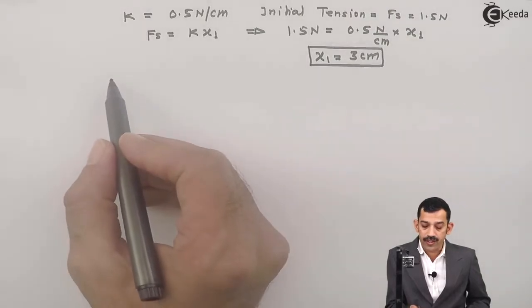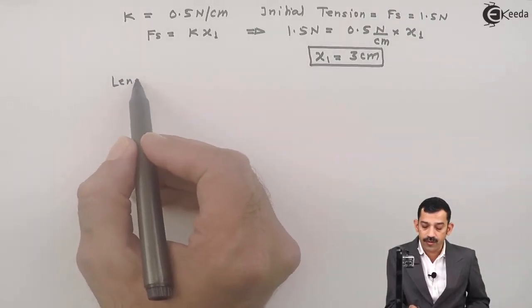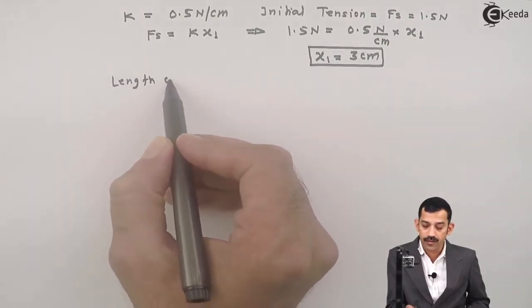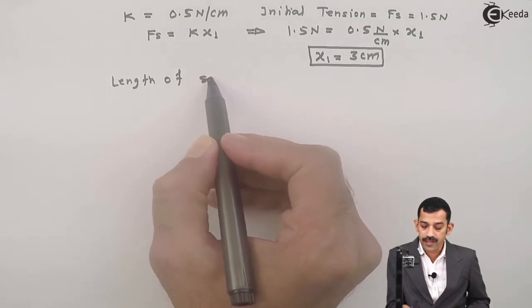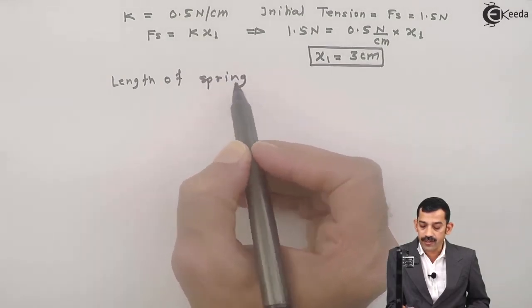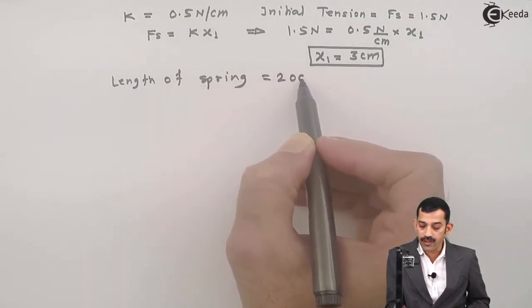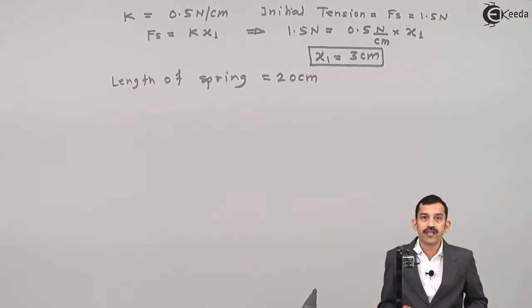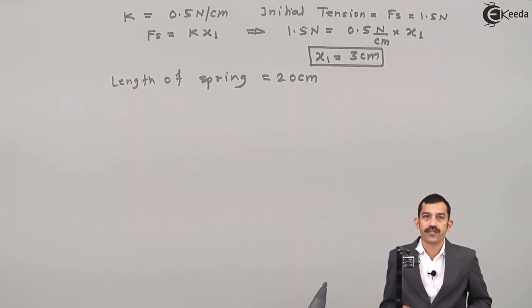Now what is known? At the initial position, the length of each spring given is 20 centimeter. As the length of spring is 20 centimeter and initially the spring is in an elongated state, where the elongation of spring is 3 centimeter, that means the free length of spring is less than 20 centimeter.